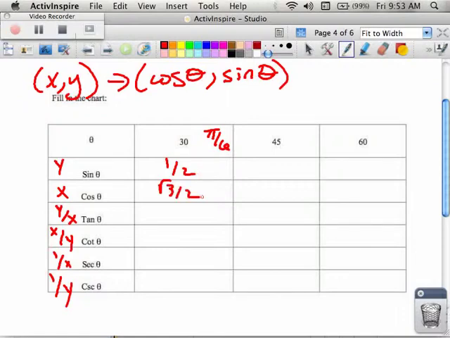The tangent is the y over the x. Remember the comma, like an ordered pair? See it? Okay, the y value is 1. The x value is a 3. They both have square roots.